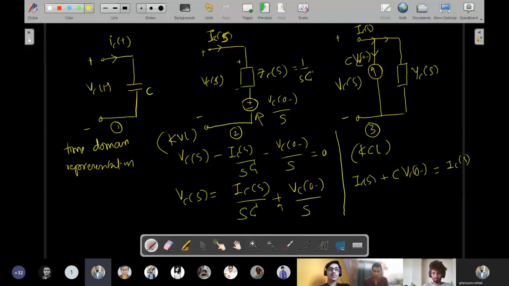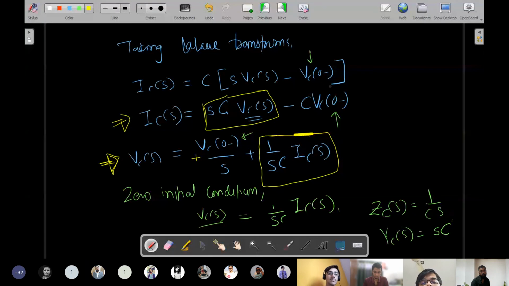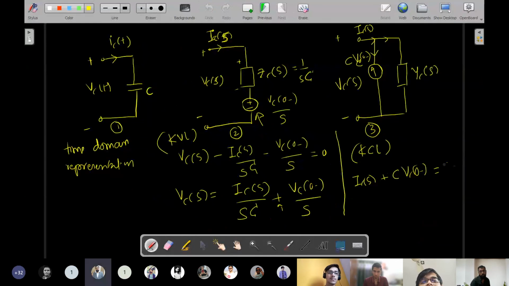If you see the equation of current, tell me what will be the current here. VC of s upon this part. This is the current that can be written here as VC of s into SC.